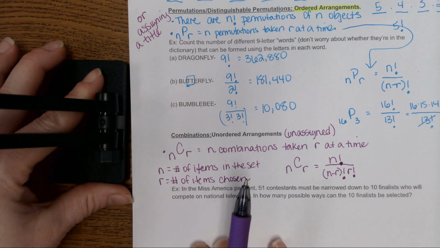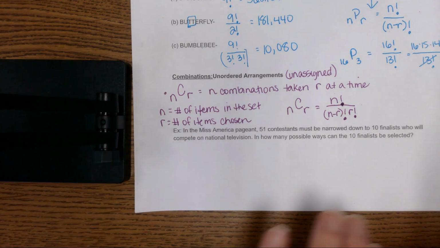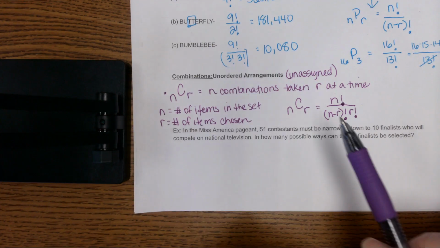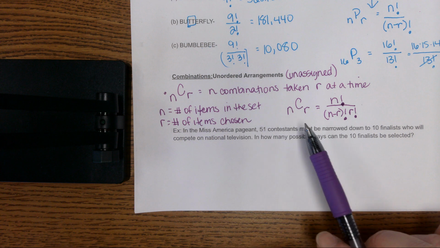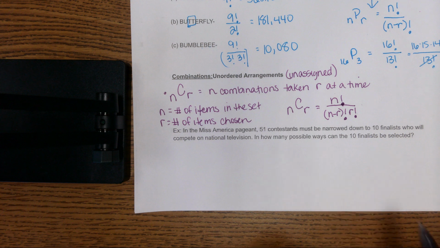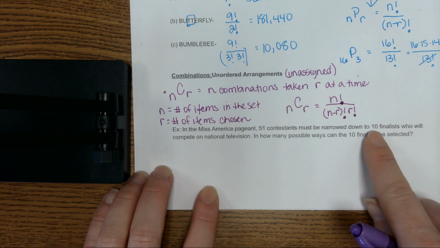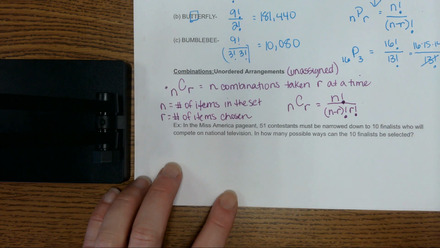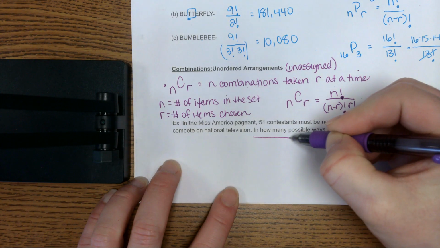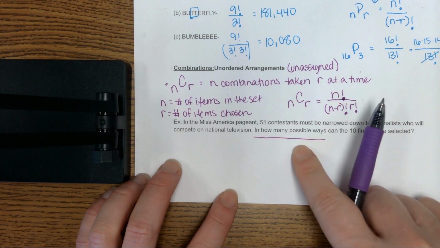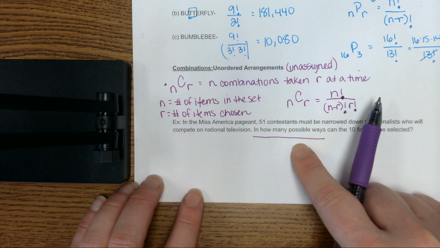Here's an example. In the Miss America pageant, 51 contestants must be narrowed down to 10 finalists. I'm not counting their orders, this isn't the finals, I just need 10 finalists. They're unassigned, so this is a combination. I have 51, and I want 10. Don't get confused, because sometimes people say, you said how many possible ways? Yes, but that doesn't mean order matters.